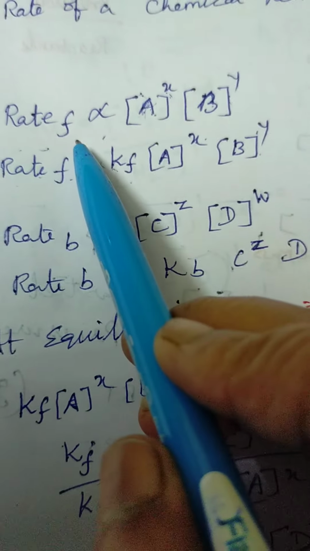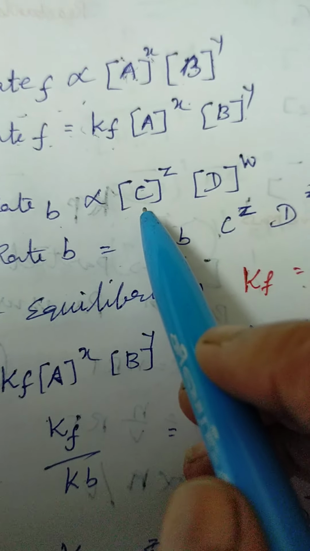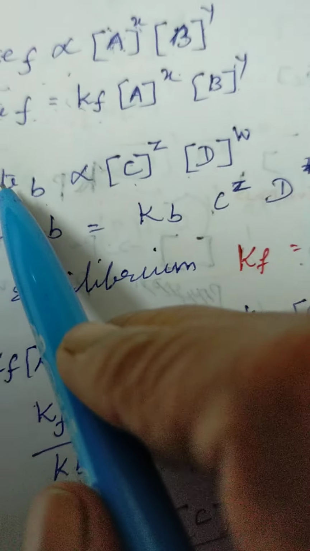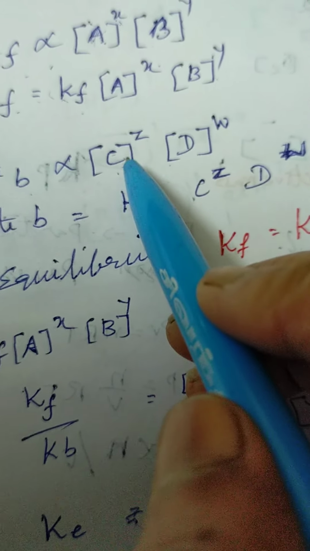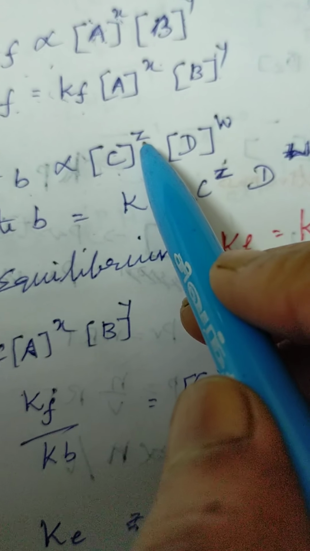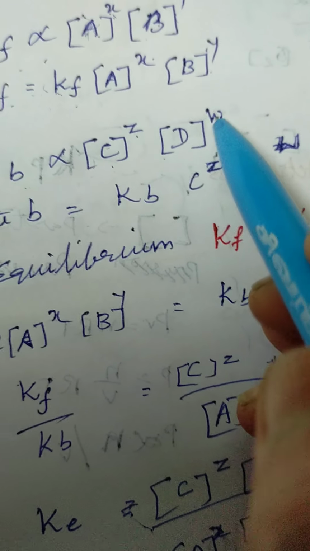In the rate of forward reaction, A and B are the reactants. In the rate of backward reaction, C and D are the reactants. So the rate of backward reaction is directly proportional to the active mass of C to the power z and the active mass of D to the power w.